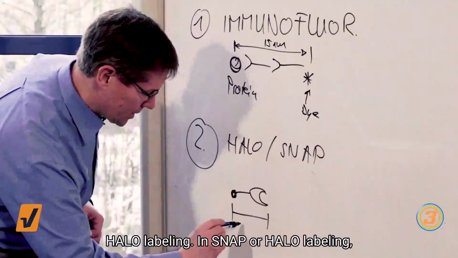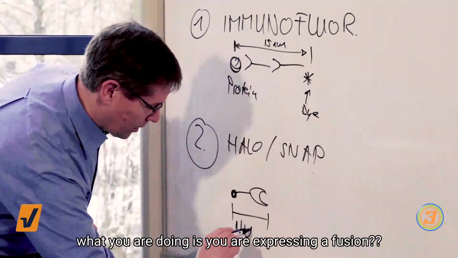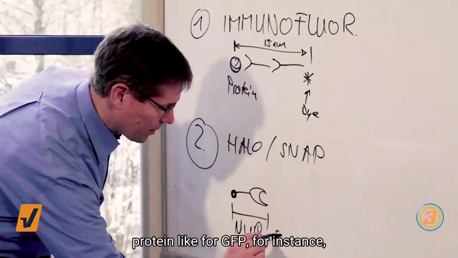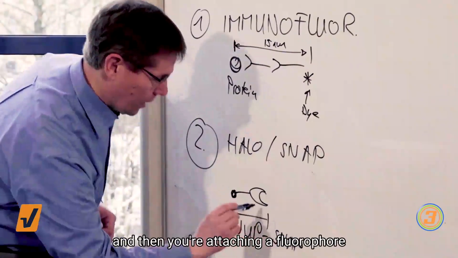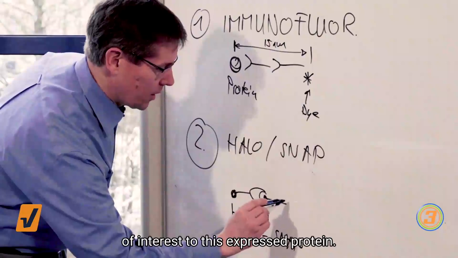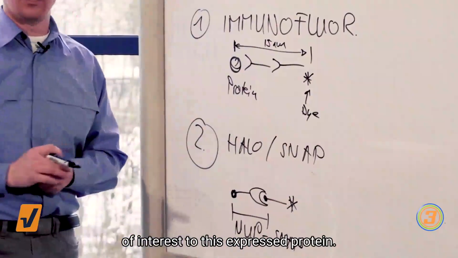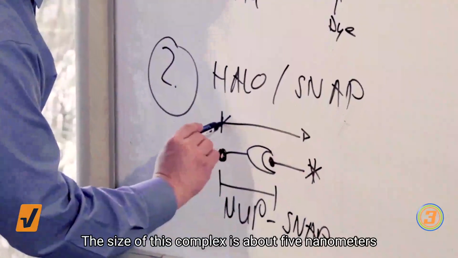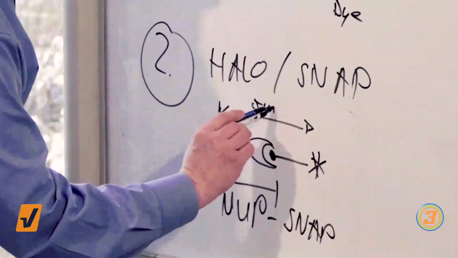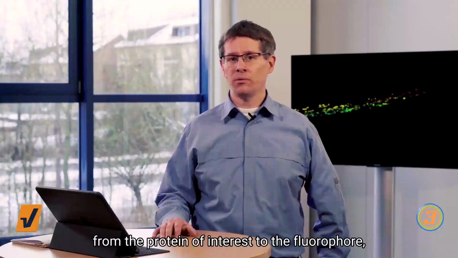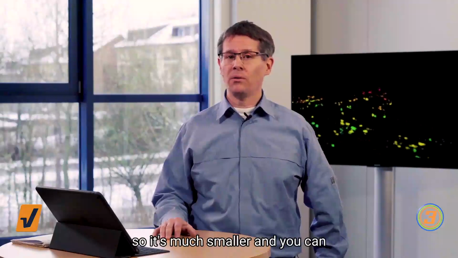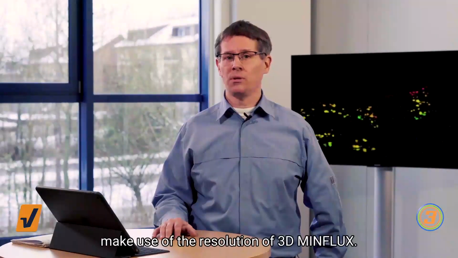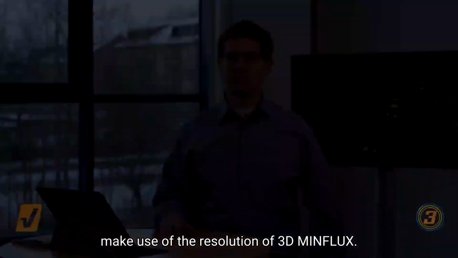In SNAP or Halo labeling, you are expressing a fusion protein, like for GFP for instance, and then you're attaching a fluorophore of interest to this expressed protein. The size of this complex is about 5 nanometers from the protein of interest to the fluorophore. So it's much smaller, and you can make use of the resolution of 3D MINFLUX.